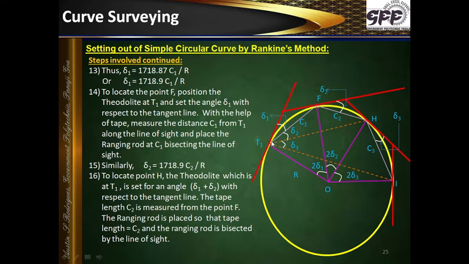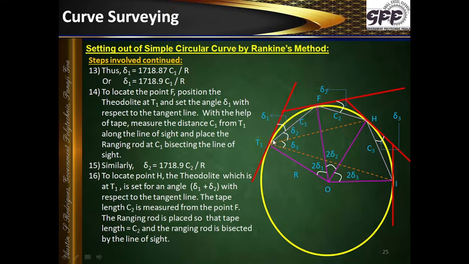We establish our theodolite at the point T1, and with respect to this line, with respect to the tangent, I set an angle of delta 1 on the theodolite. With this as 0, I move this way and I set an angle of delta 1 on the theodolite.